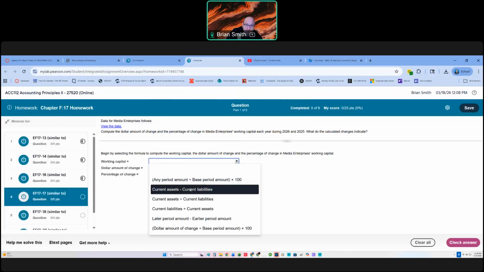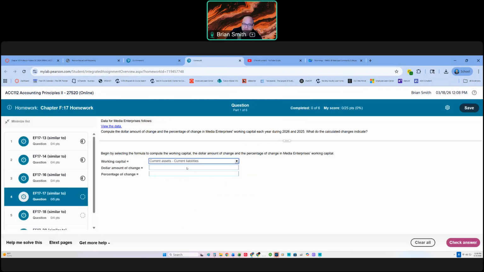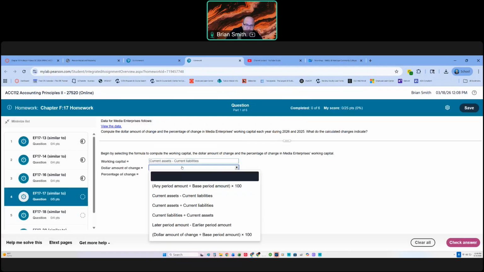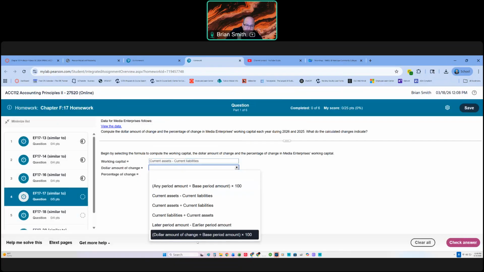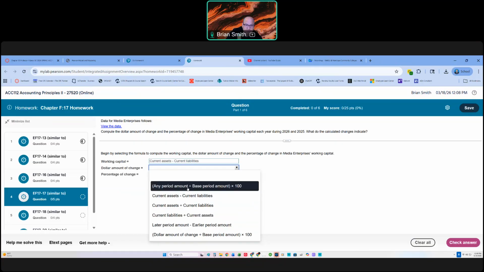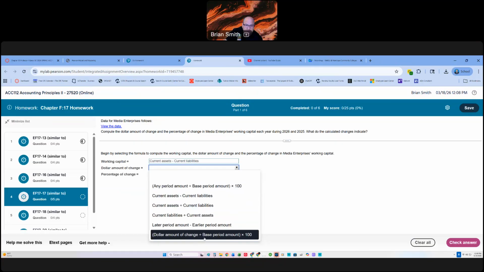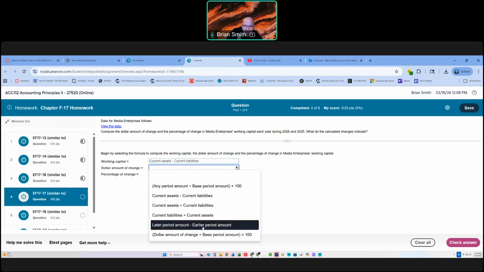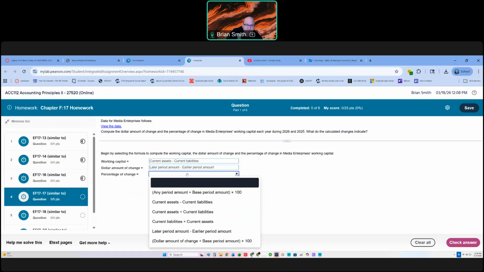Working capital is current assets minus current liabilities. This should be easy, guys. You should have your formula sheet. It's in exhibit 17-8 in the book if you need it. Dollar amount of change, and then percent of change.